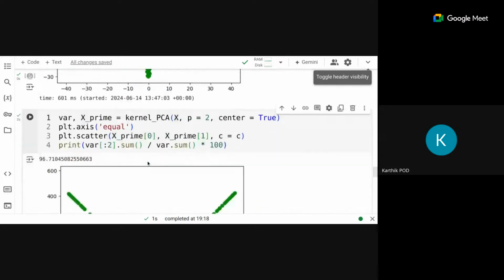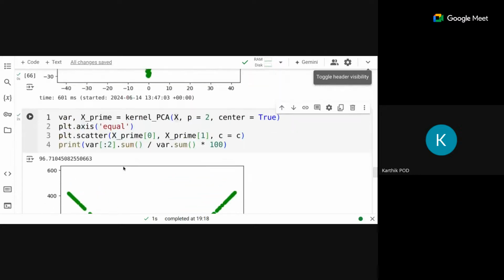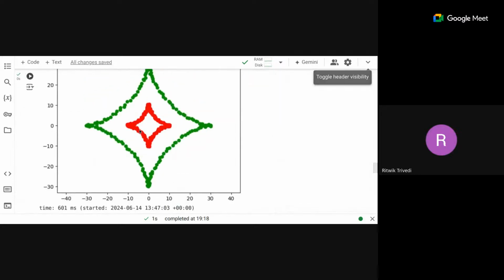Now, does kernel PCA allow me to do that? It allows you to do that, right? So if you think about it. So I kind of missed what you said in the last 30 seconds. Sorry, yeah. So see, this is what we call a classification problem, right?